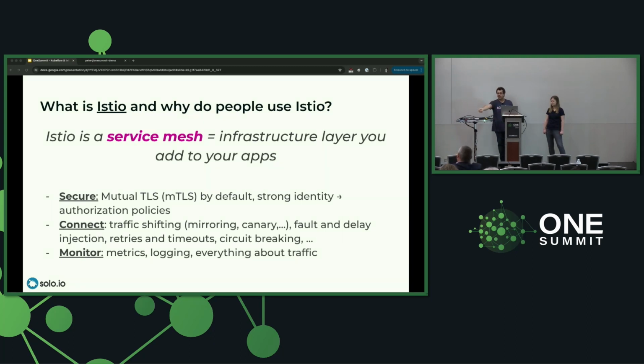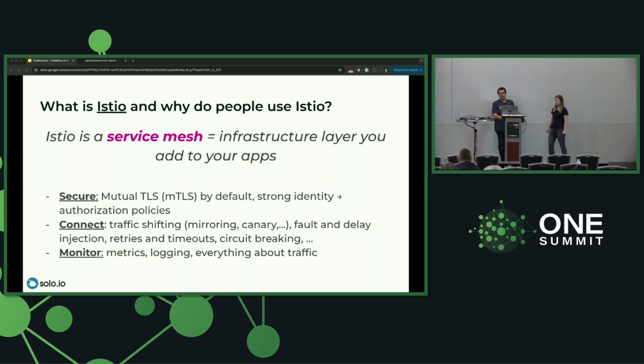I'm presenting a certificate, and the server is presenting a certificate as well, and both of us make sure that we are who we say we are. With Istio, you get mutual TLS automatically. Because it depends on certificates, you also get strong identity. And once you have a strong identity for your workloads and services, you can do things like authorization policies.